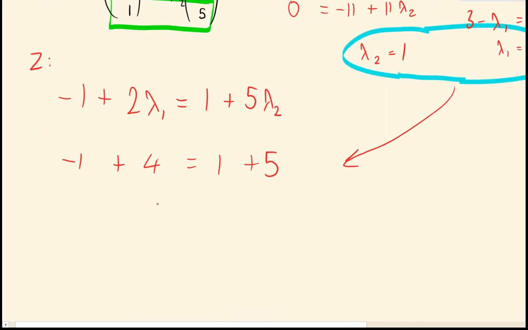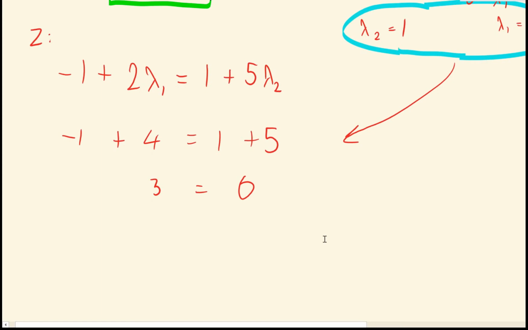In this case it doesn't. We have the fact that 3 should equal 6. That is a very, very bad thing, which means that here the lines do not meet. If these two things were equal, that would say the lines do meet, and then you could also work out what coordinate they meet at.